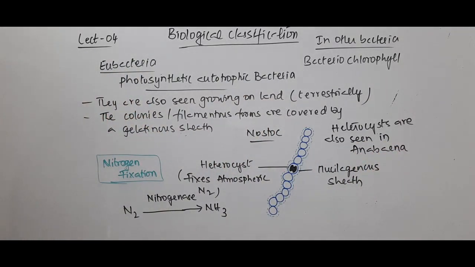In that also we find these heterocysts. Right, so these are some characters of cyanobacteria.